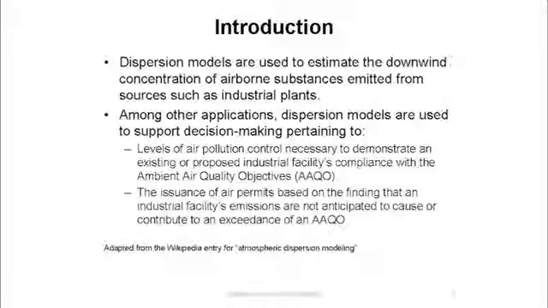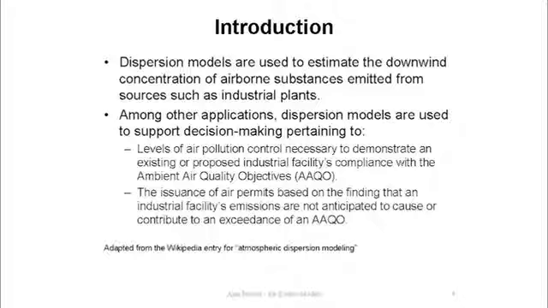So the logic is really the same here with the CalPUF modeling analysis. These models are used to estimate downwind concentrations of airborne substances emitted from sources such as industrial plants, not exclusively, but that's most germane to this conversation tonight.